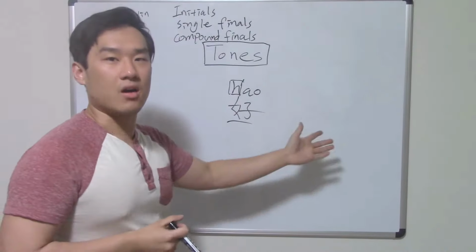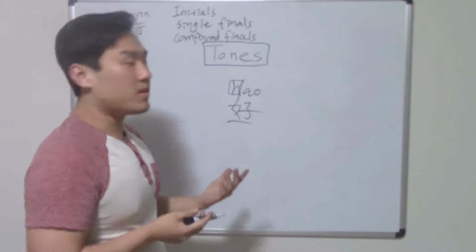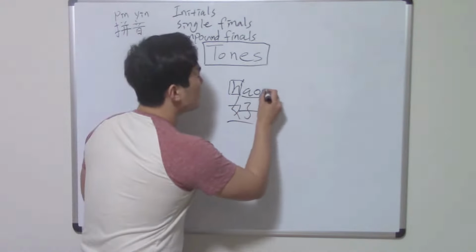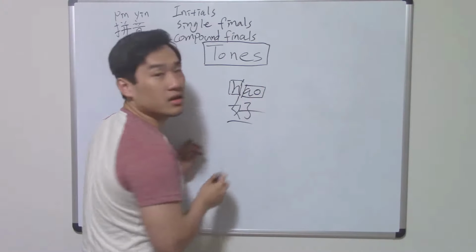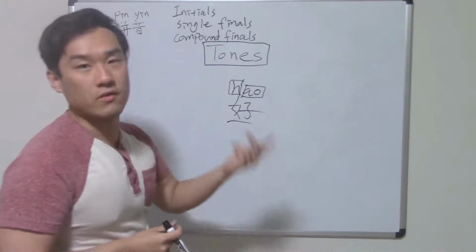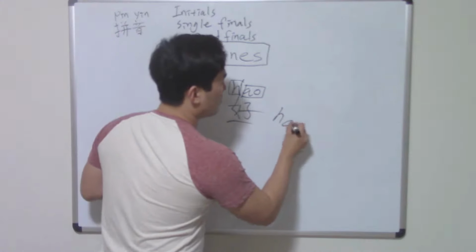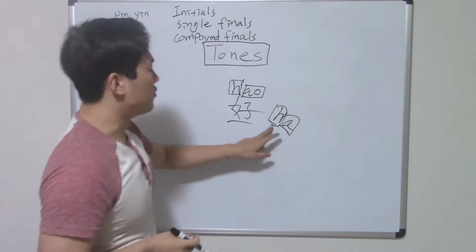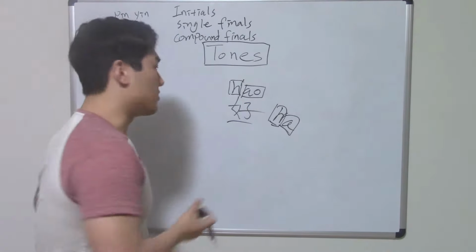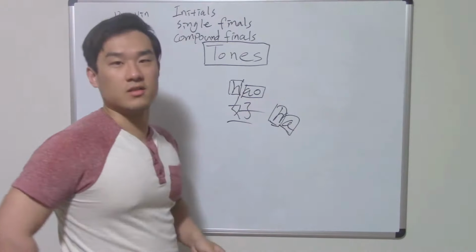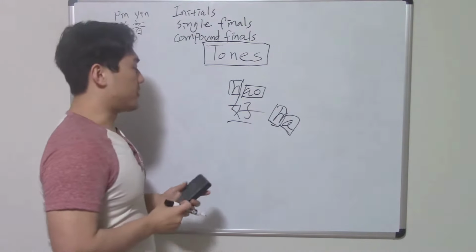So you say h, and also here, this is the final. The final can be a compound final or a single final. A single final would just be like ha, that's the initial plus the single final. Compound just means more than one, single just means one. So that's pretty simple to understand.